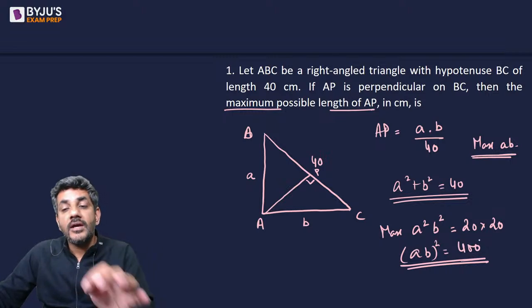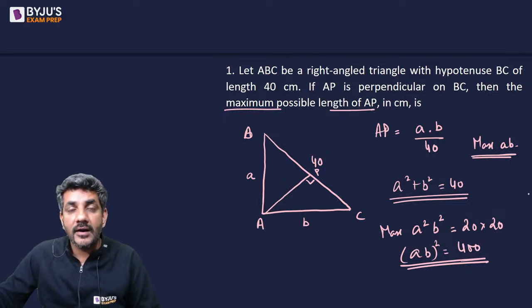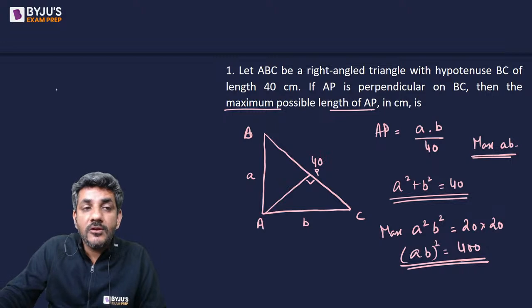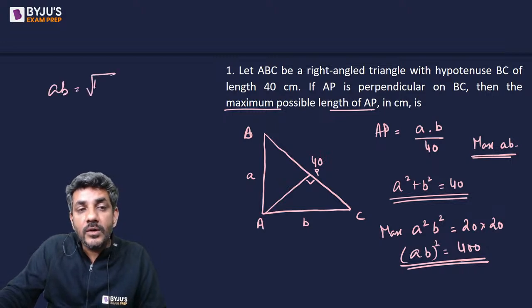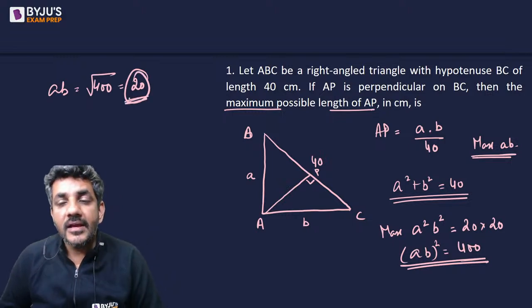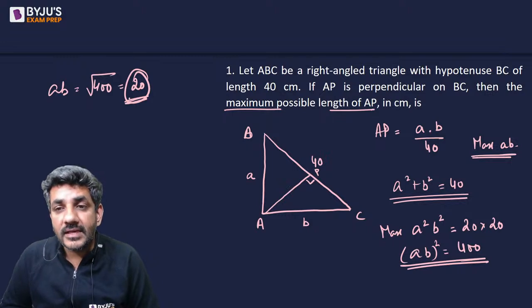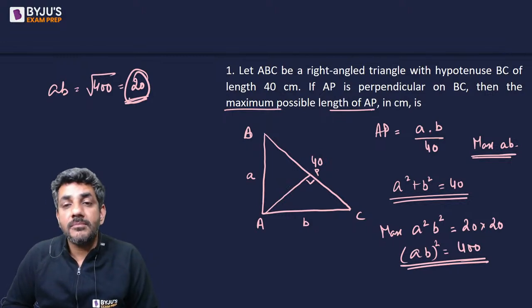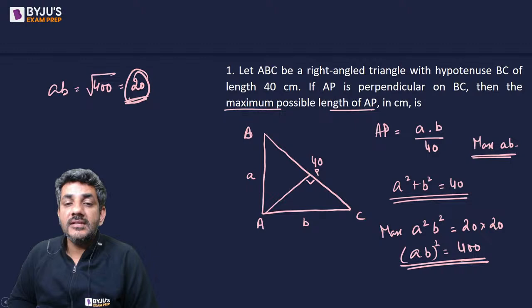Then the maximum possible value of AB is square root of 400, so the correct answer is 20.